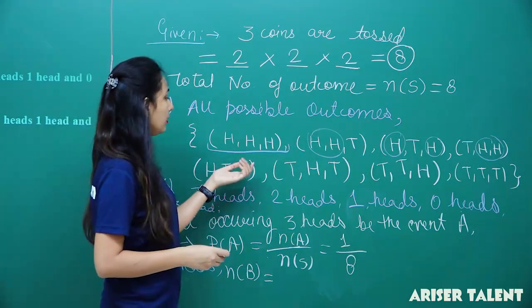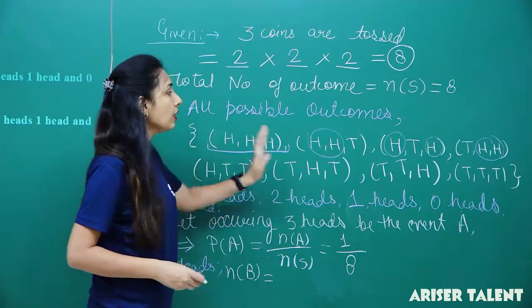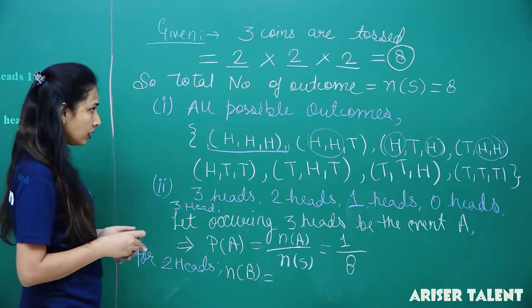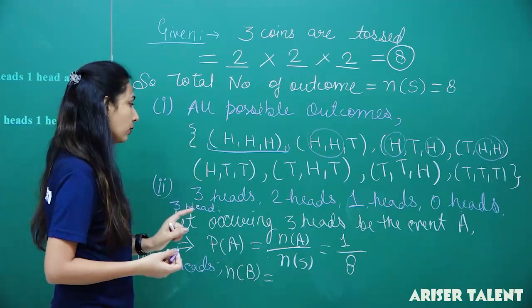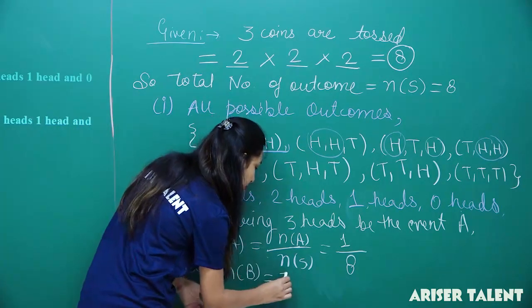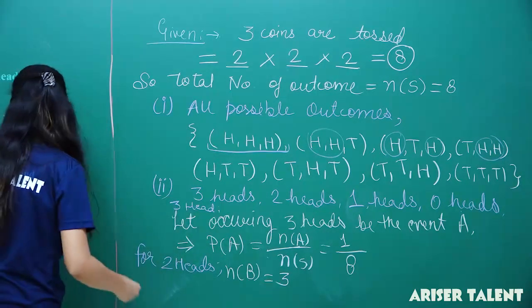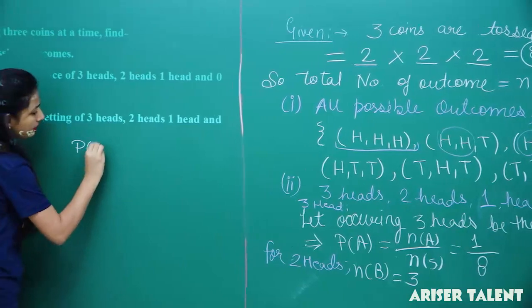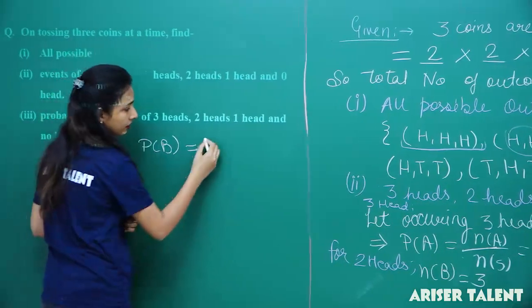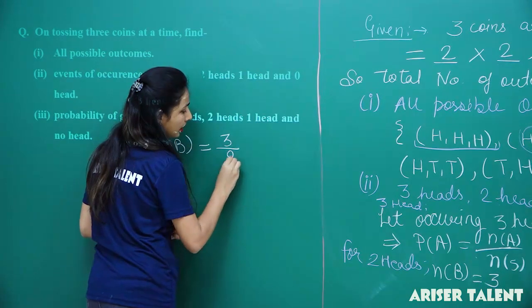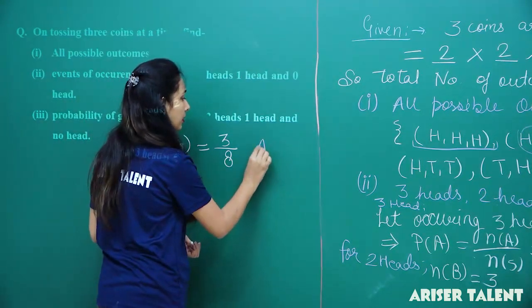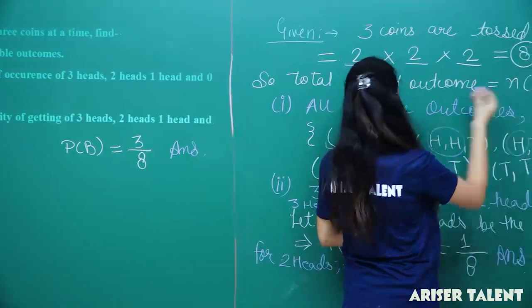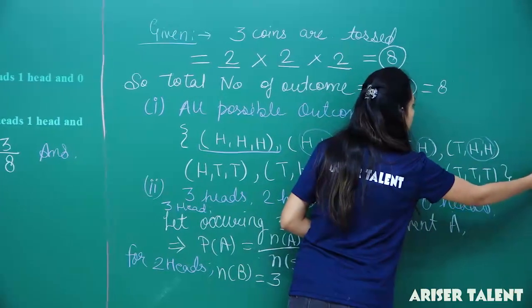Other than that, I'm having only 1 head, or no head, or 3 heads. So 2 heads in 3 places, so there will be 1, 2, 3 outcomes. So NB will be equal to 3. If NB equals 3, that means PB equals 3 upon the total 8. So this is your answer, and this complete thing is also your answer.